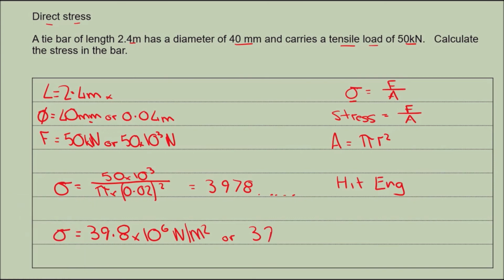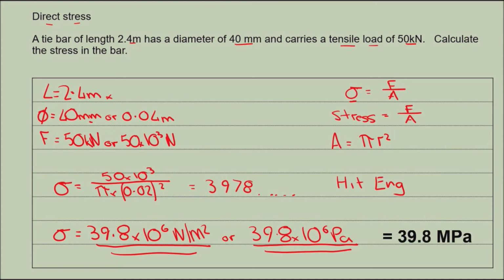We'll go to 39.8 times 10 to the 6 pascals. So we've got our answer for that question both in newtons per meter squared and in pascals. Either one is correct. However, the more common unit that we use for stress is the pascal. We've got a solution to this direct stress question: 39.8 times 10 to the 6.